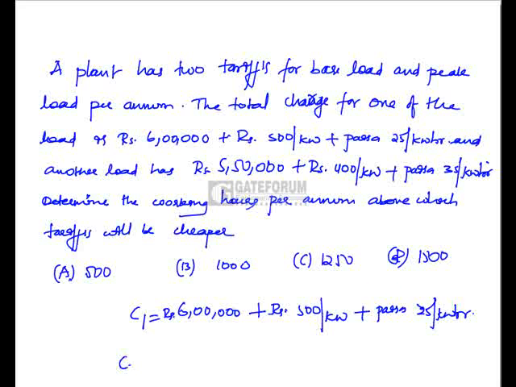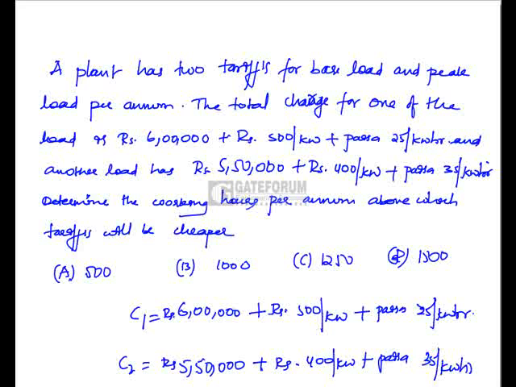And the other load is rupees 5,50,000, the fixed cost for plant 2, plus rupees 400 per kilowatt plus 35 paisa per kilowatt hour. This is the running cost per kilowatt hour. Now we have to find which one is base load and which one is peak load.